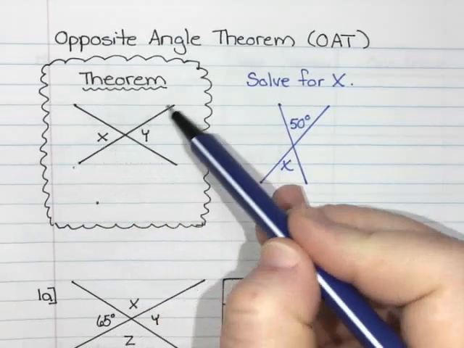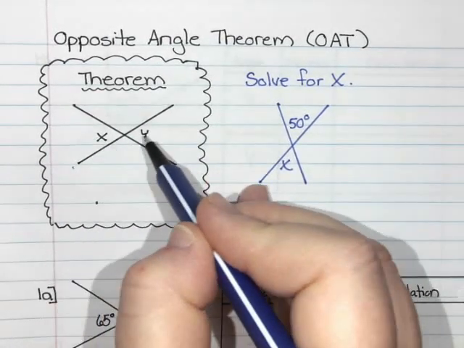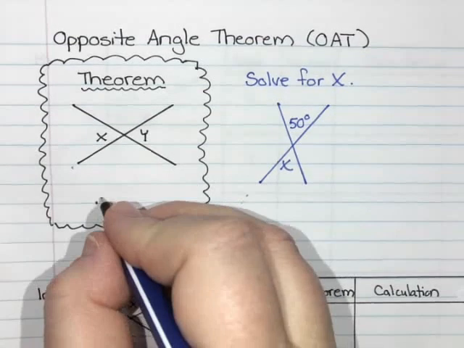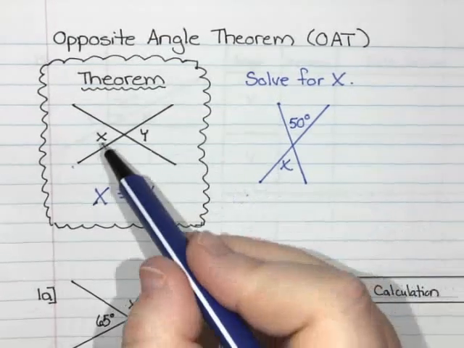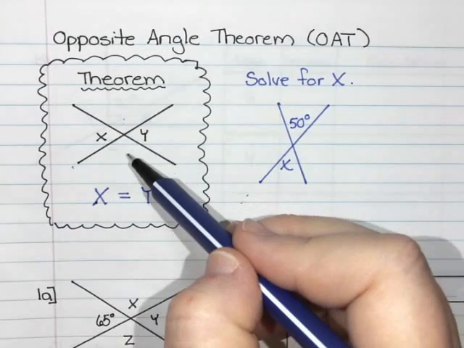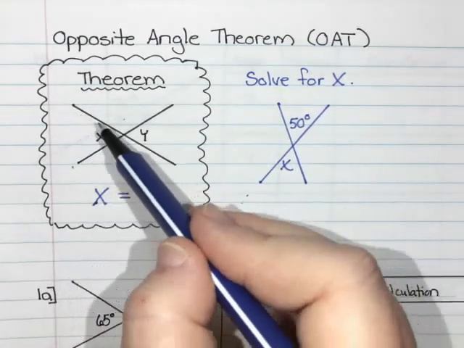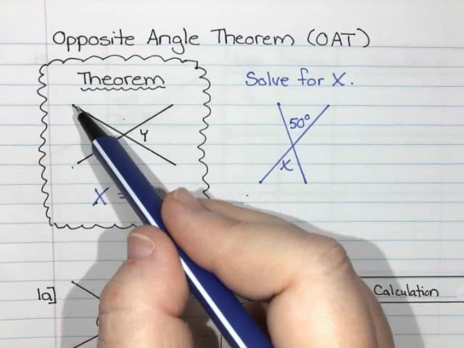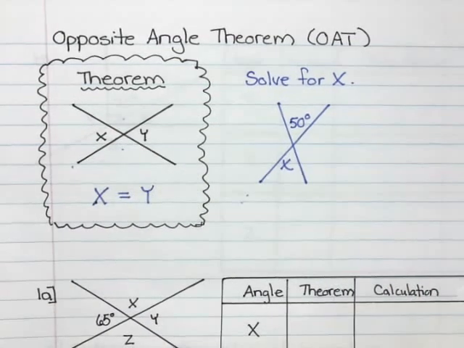So if you have two perfectly straight lines that are crossing, the two angles that are formed on either side of those lines are equal. So x equals y. It could be the top angle and the bottom angle as long as they are straight lines. They can't be a little bent. So they have to be perfectly straight lines that are crossing to make an x. The angles on either side are equal.